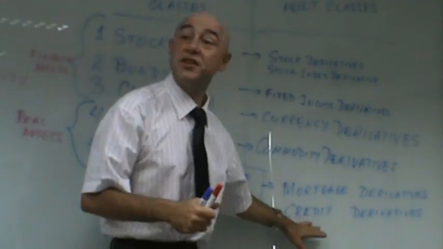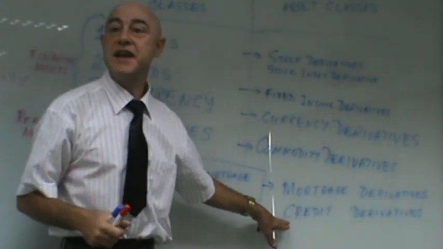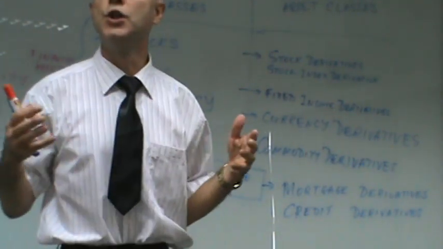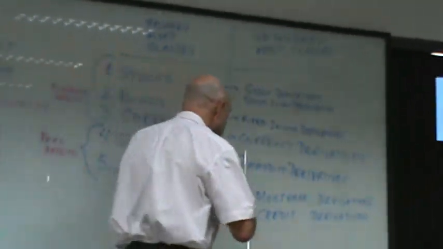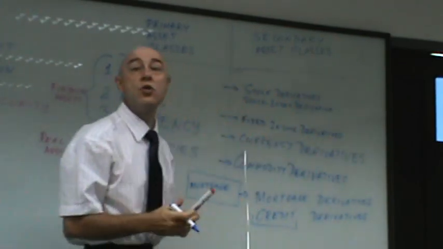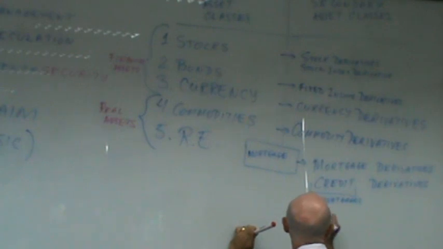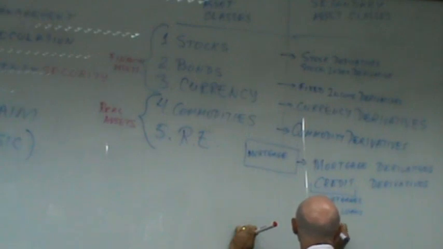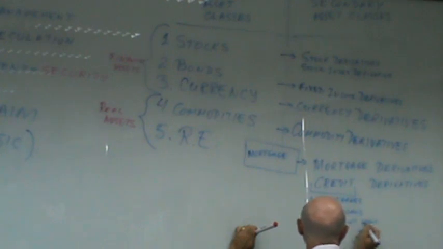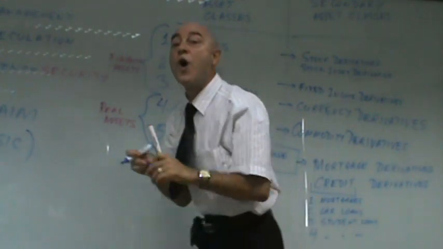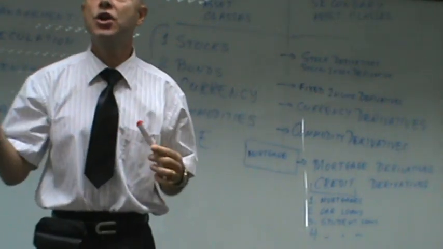And credit derivatives are derivatives that base their value on loans. So, what could be the loans of a credit derivative? Number one, I wrote it, mortgages. Number two, car loans. Number three, student loans. And all sorts of other loans.